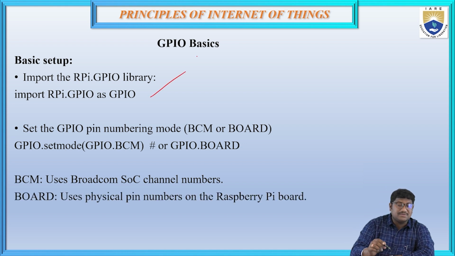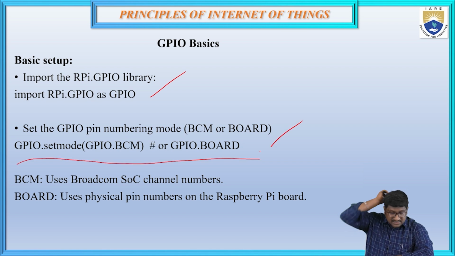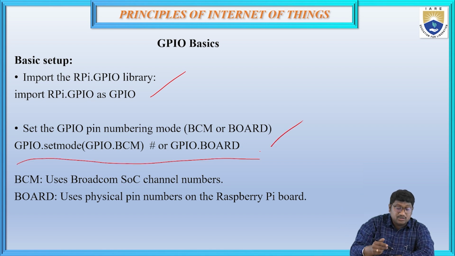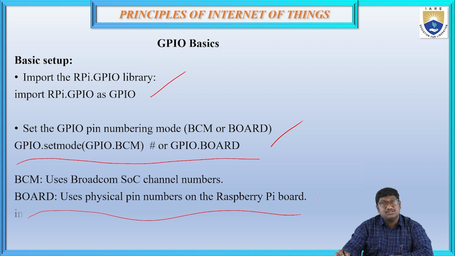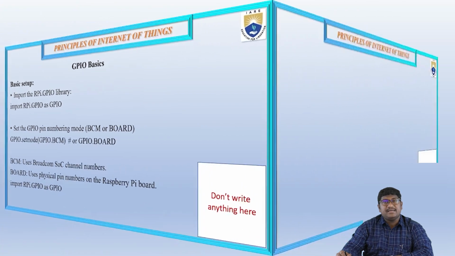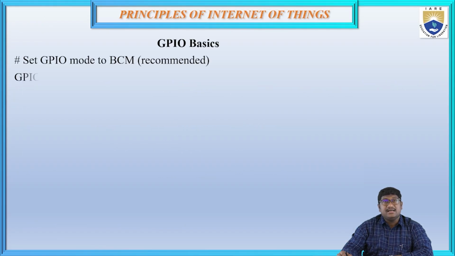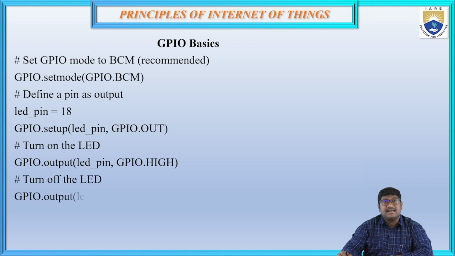We need to import the specific library. Whenever you are setting the numbering mode, you need to call GPIO.setmode(GPIO.BCM), which uses the Broadcom SOC channels. Import RPi.GPIO as GPIO. And these are also the things which are recommended to you.